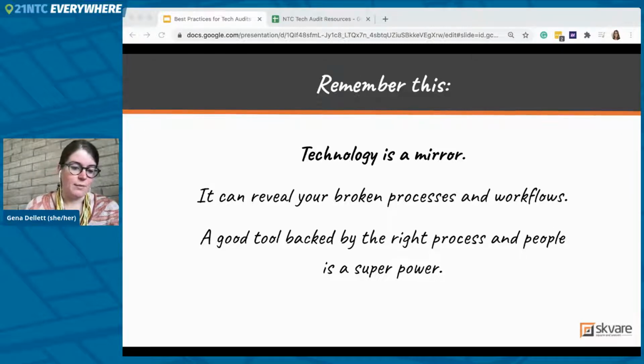So I want everyone attending to hold on to that: technology is a mirror. Hopefully as we go through some of the tips for how you can get the most out of the systems that you have, or change systems if you need to, you'll have that in mind, that you're not making a change for change's sake, but you're making a change because you've learned something when you've held up that mirror.